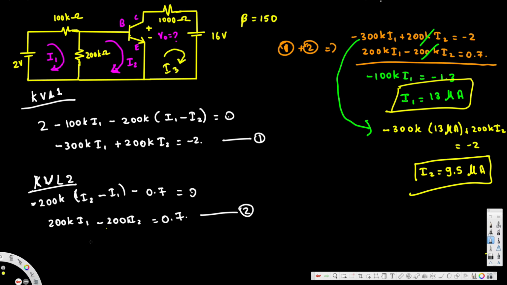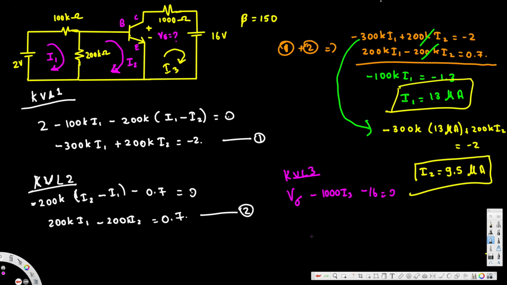I3, to solve for I3, I apply KVL in the third loop. KVL 3, here we have VO, let's call this one V sigma, minus 1000 times I3, and minus positive to negative, so minus 16 voltage, that's equal to 0.